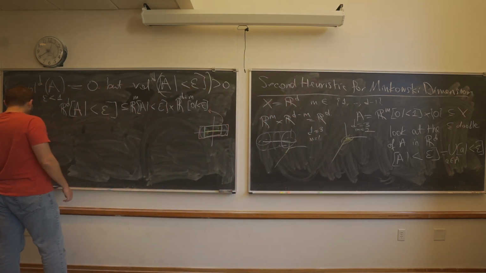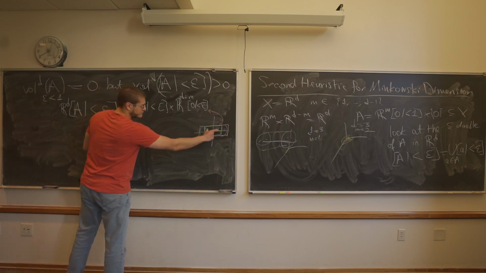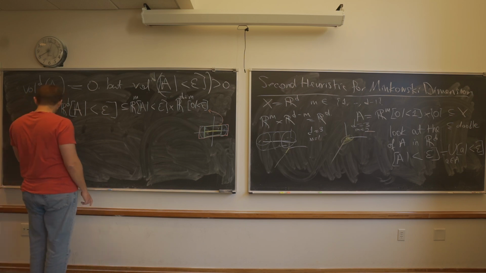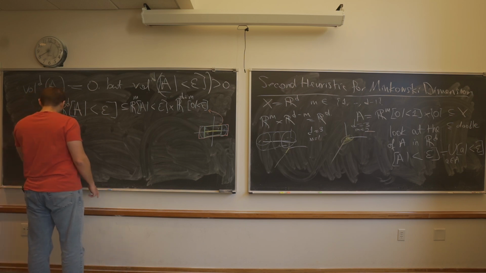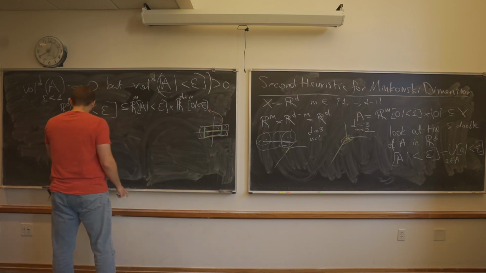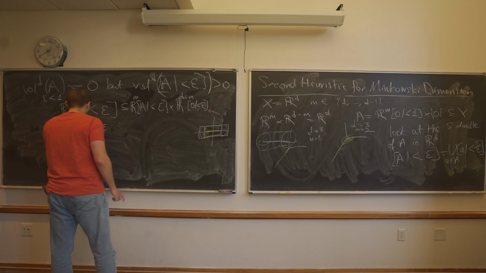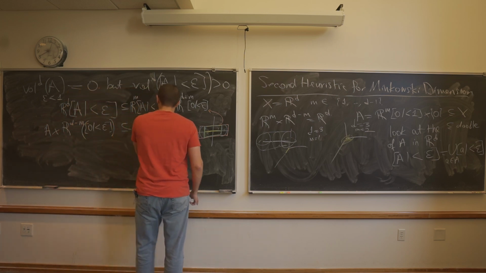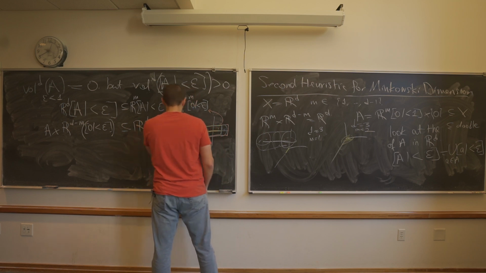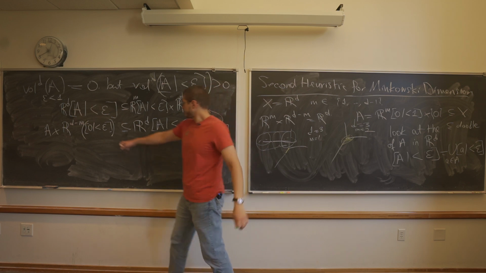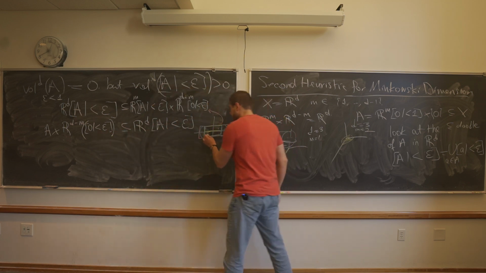Well, that's just going to be, I just have the base guy. So A times the ball in the complementary dimension of radius epsilon. Okay. So this represents the smaller green ball.